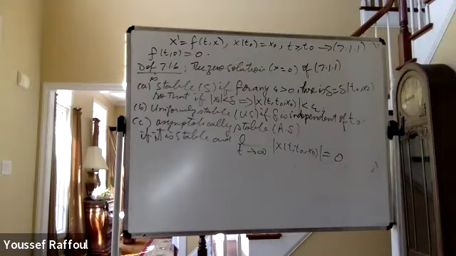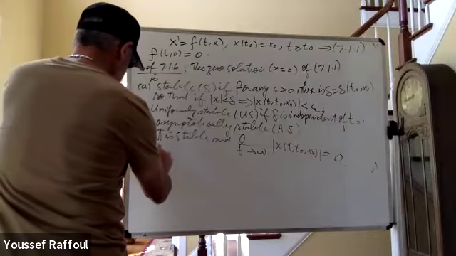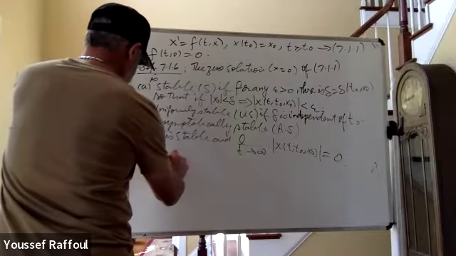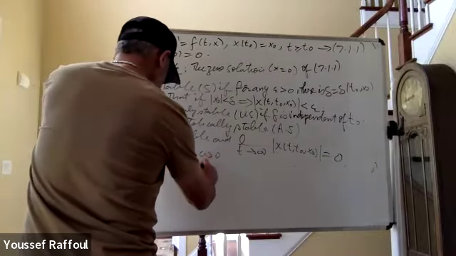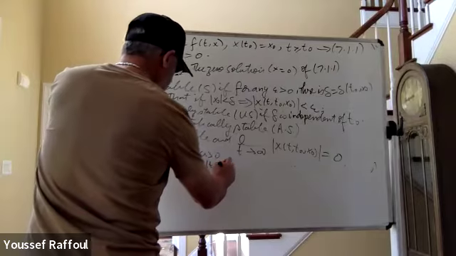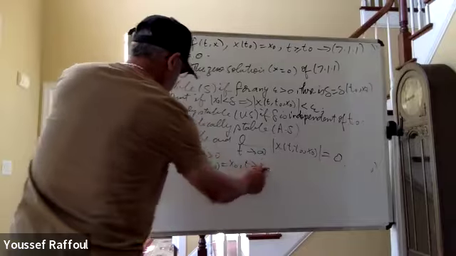For example, let's take x prime equal to minus ax, a is positive, and x of t naught equal x naught for t bigger or equal to t naught.